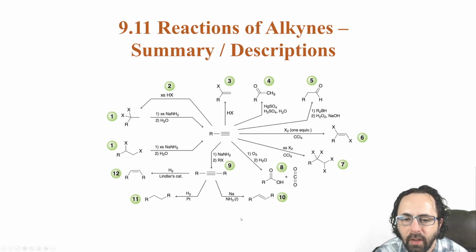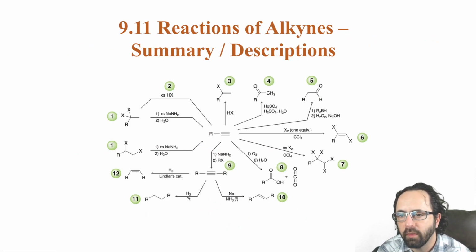So now we have a summary of all of the alkyne reactions, and let's just go through and talk about which ones we spoke specifically about their mechanisms. You'll note that the mechanisms for alkyne reactions are a lot less known than those for alkenes.